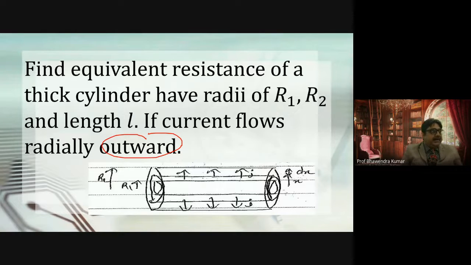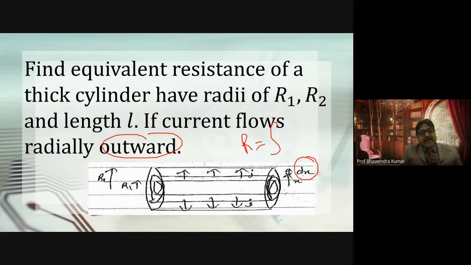Can you imagine in your mind? If I go to a distance x, I see an area of 2 pi x into L. That is the area through which the current is passing, and the thickness through which the current is passing is dx.